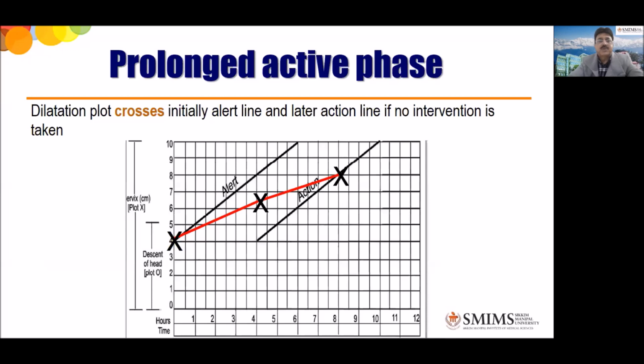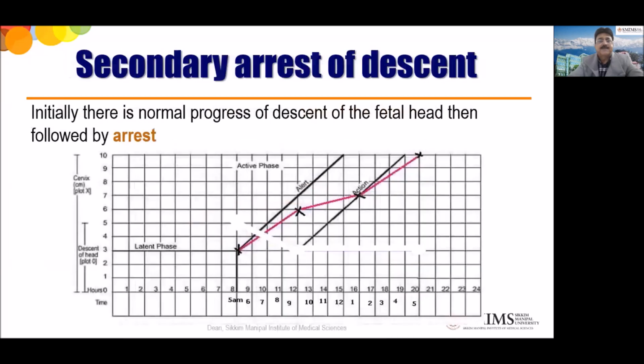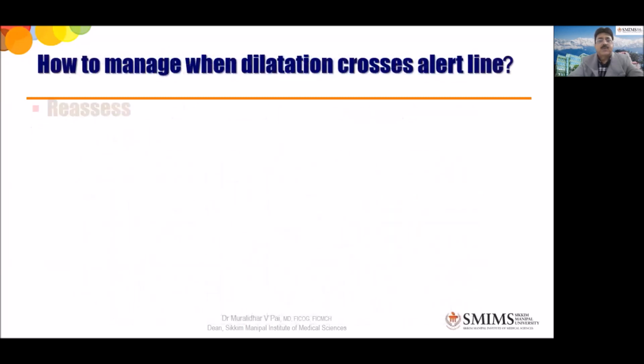Wrong to allow it to go till that level. Whereas secondary arrest means initially it was okay, later it crosses the alert line. So this is the secondary arrest. As far as descent, initially it was okay, later it stops descending. That's how you plot it.